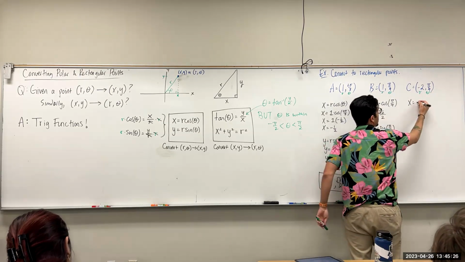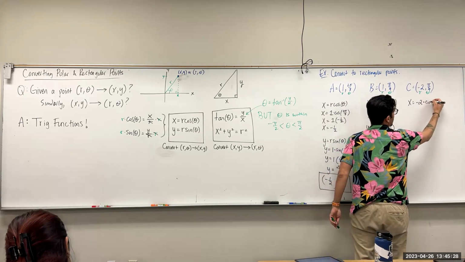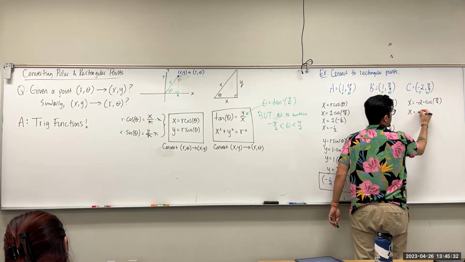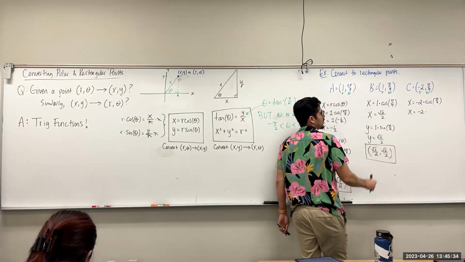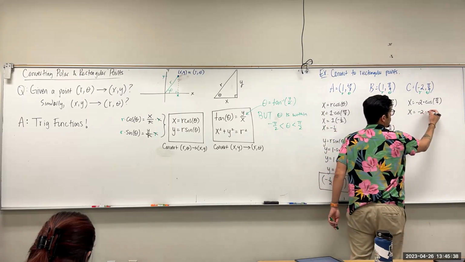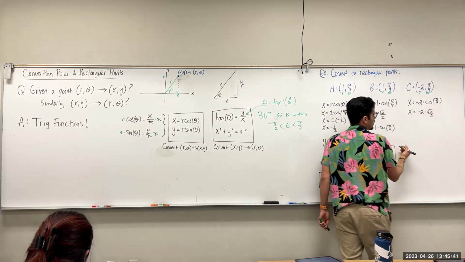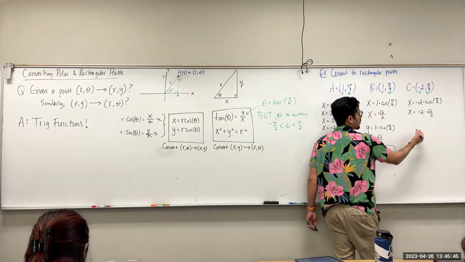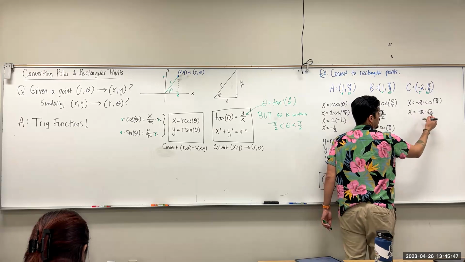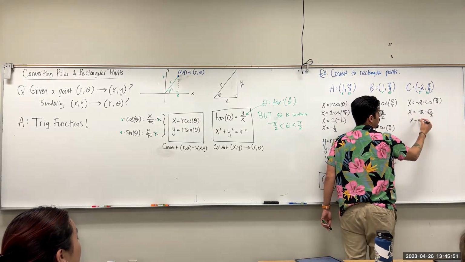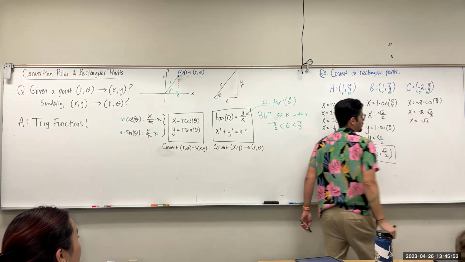So now it's going to be negative 2 times cosine of pi over 4. So negative 2 cosine of pi over 4, you guys said is root 2 over 2. So what happens to the 2's here? They cancel. So you end up with a negative root 2. Negative root 2, yeah.